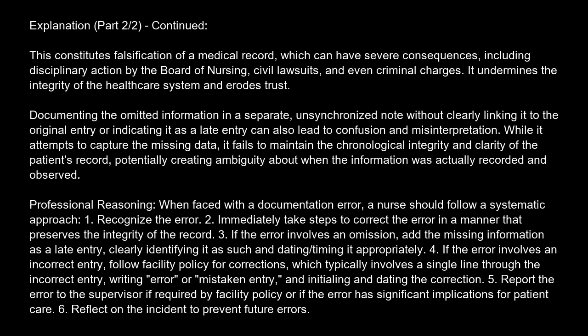If the error involves an incorrect entry, follow facility policy for corrections, which typically involves a single line through the incorrect entry, writing error or mistaken entry, and initialing and dating the correction. 5. Report the error to the supervisor if required by facility policy or if the error has significant implications for patient care. 6. Reflect on the incident to prevent future errors.